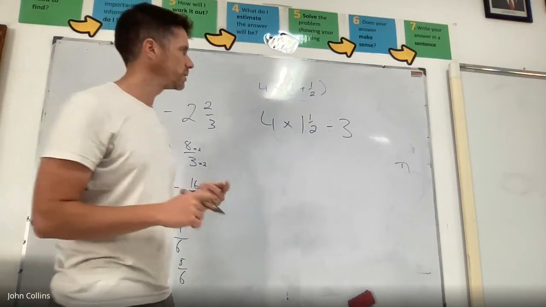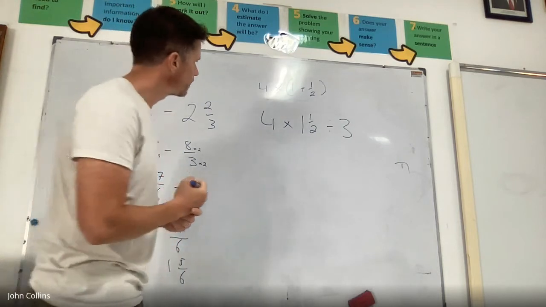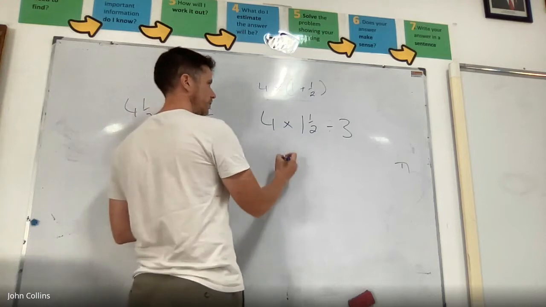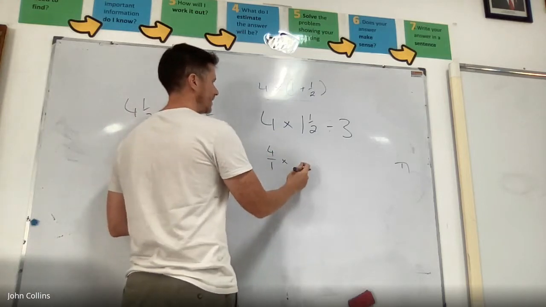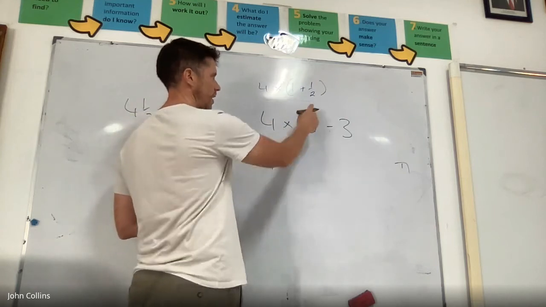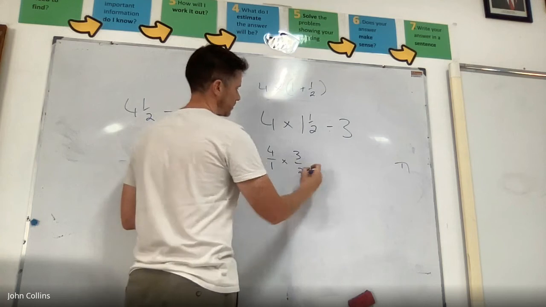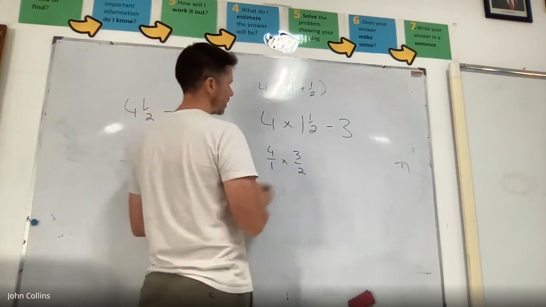If you want to do it using fraction rules, multiplying fractions, we'll turn them both into improper fractions. 4 is 4 over 1. 1.5, well, 2 times 1 is 2, added to the top is 3 halves, isn't it? So 3 over 2. And then I'm going to end up dividing that by 3 in a second.